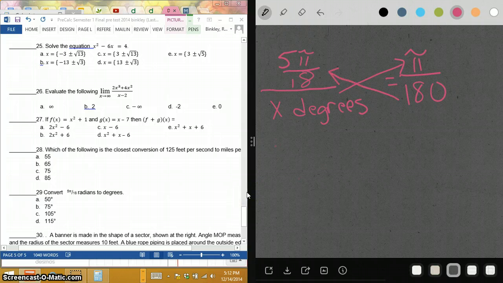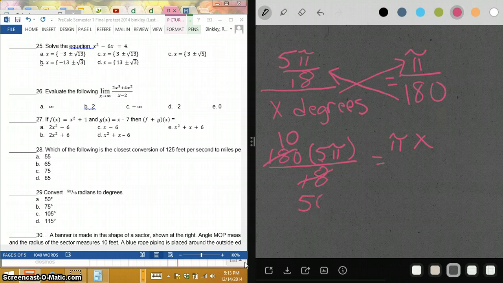So if I do cross multiplication, I get 180 times 5 pi divided by 18 equals pi times x. So 18 can go into 180 10 times, right? So that means 10 times 5 is 50 pi equals pi x.